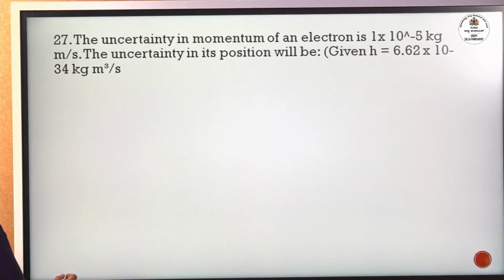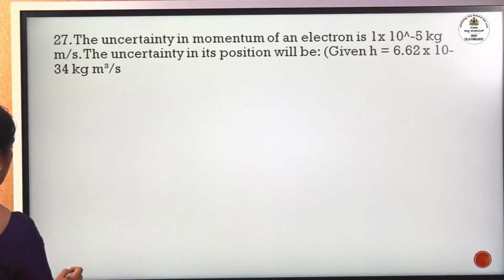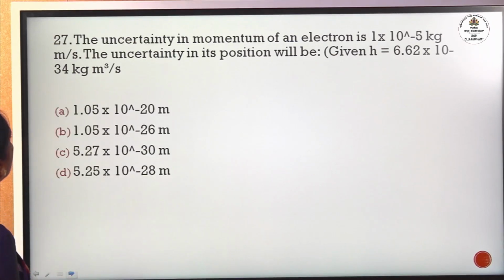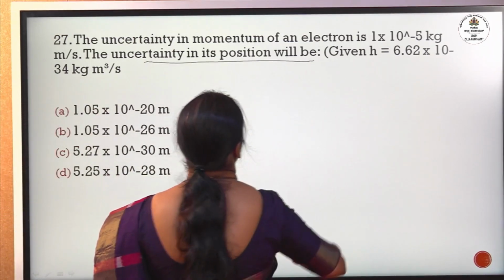We will move on to the next question. The uncertainty in momentum of an electron is 1 into 10 to the power minus 5 kg meter per second. The uncertainty in its position will be, we have to calculate the uncertainty in position.